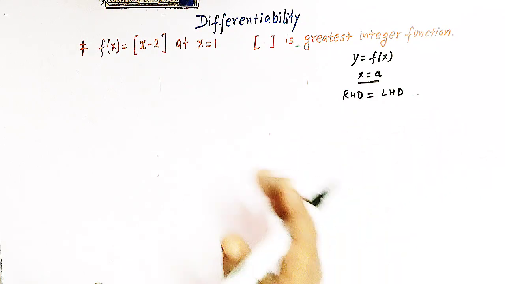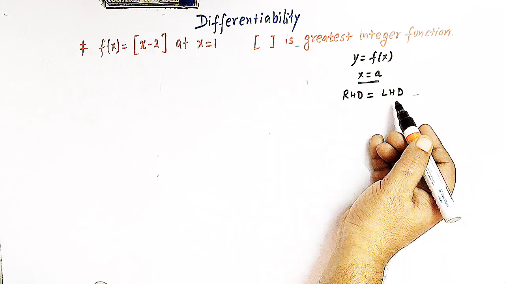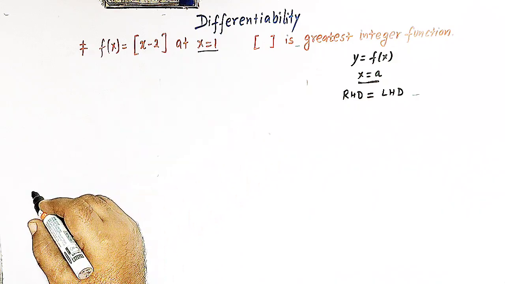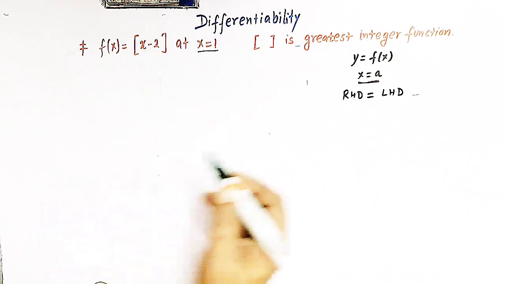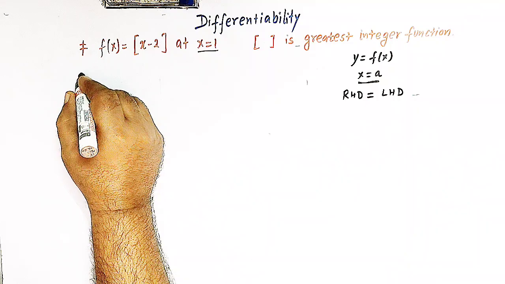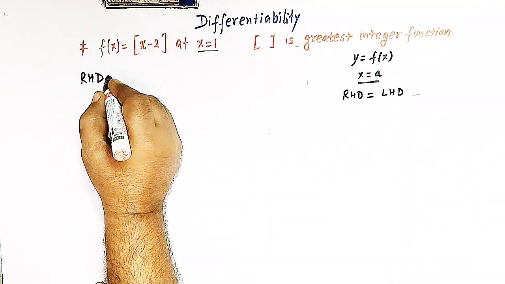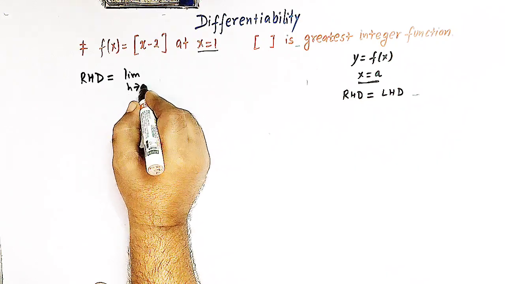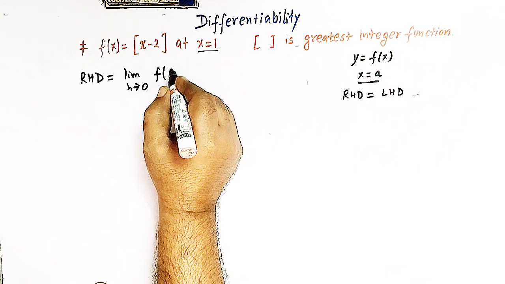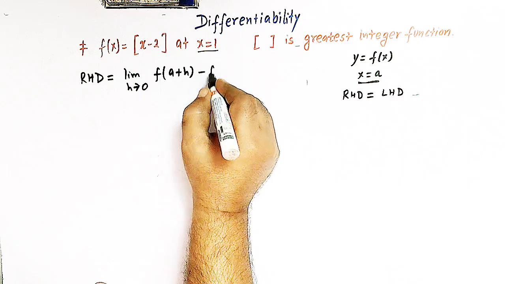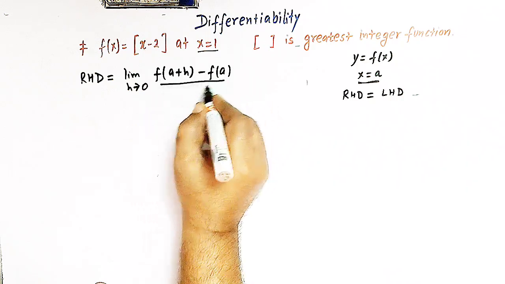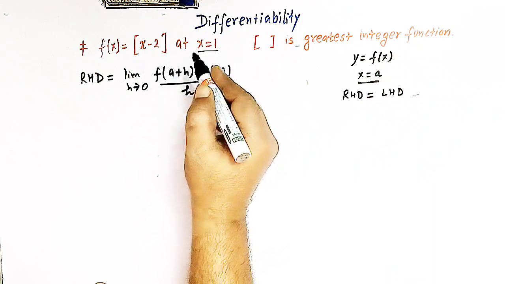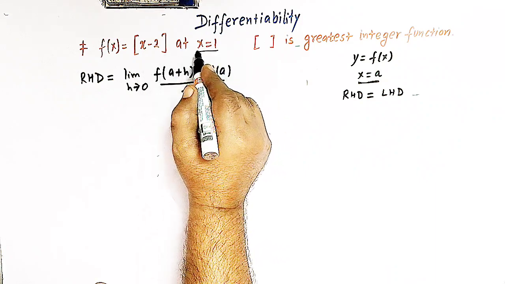So let us find the right hand derivative and left hand derivative for this function at x is equal to 1. Let us start with the right hand derivative, which is defined by this limit: limit h tends to 0 of f of a plus h minus f of a divided by h, where a is the required point where the differentiability is to be examined.